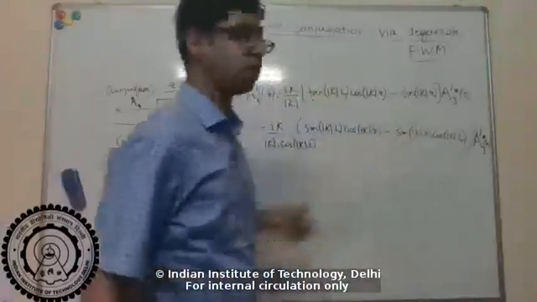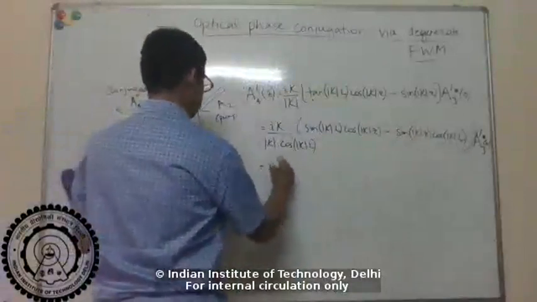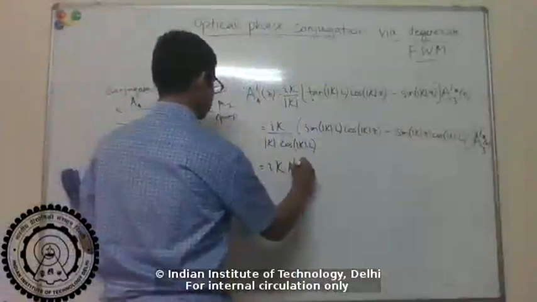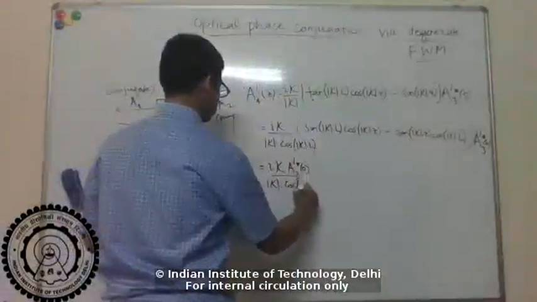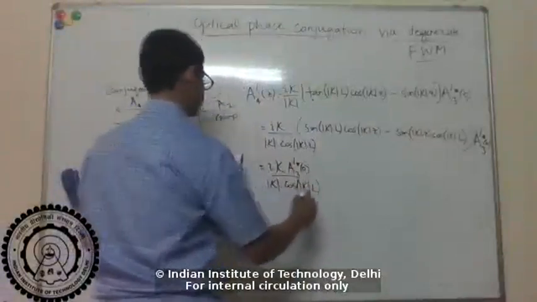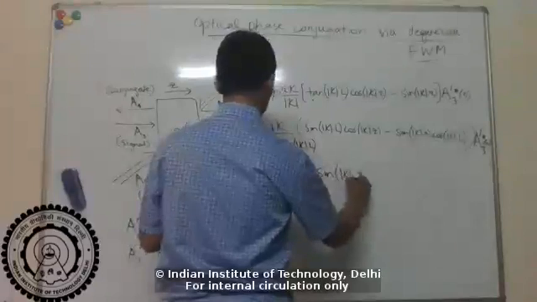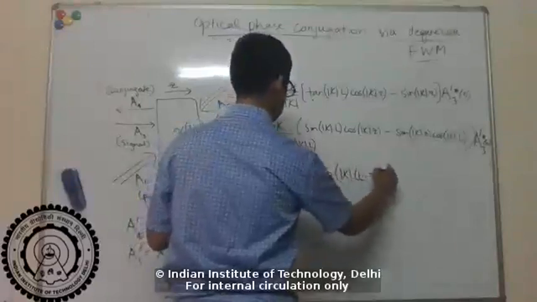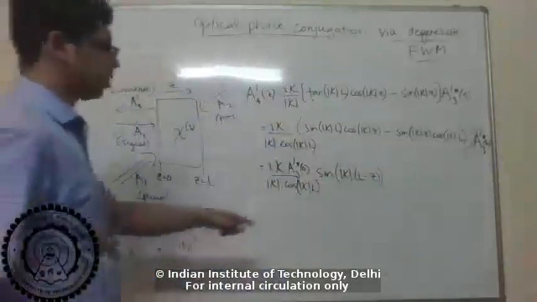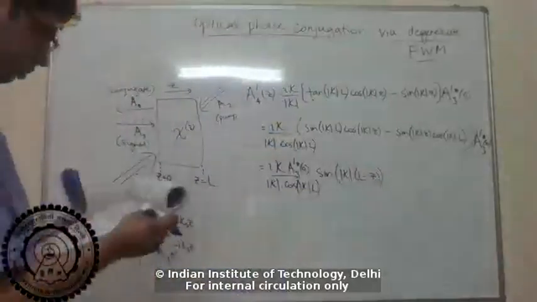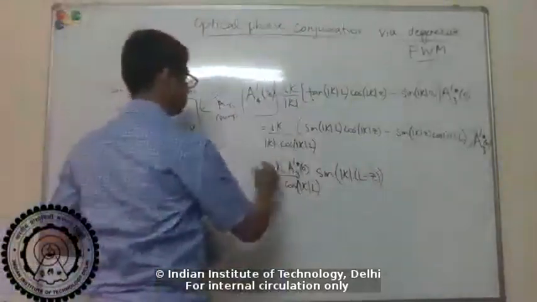So this is the sine A minus B formula. So sine A minus B gives you L minus Z. So that's the solution for A4 prime.